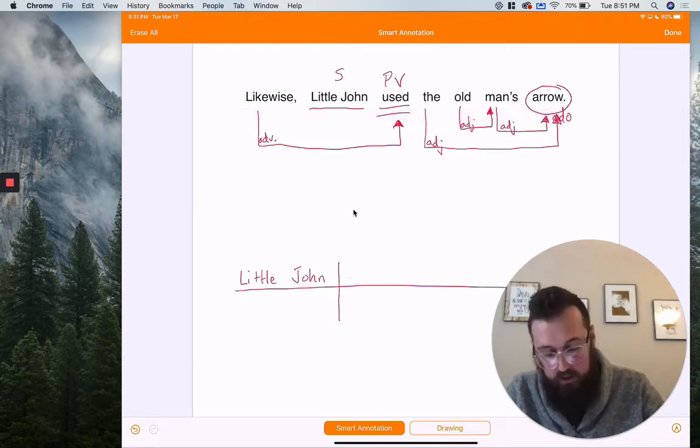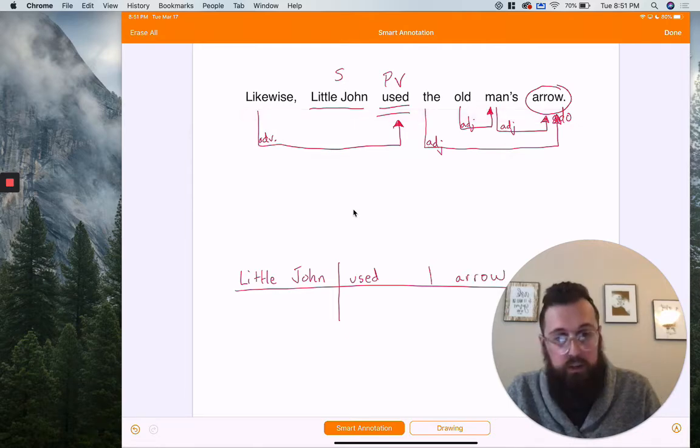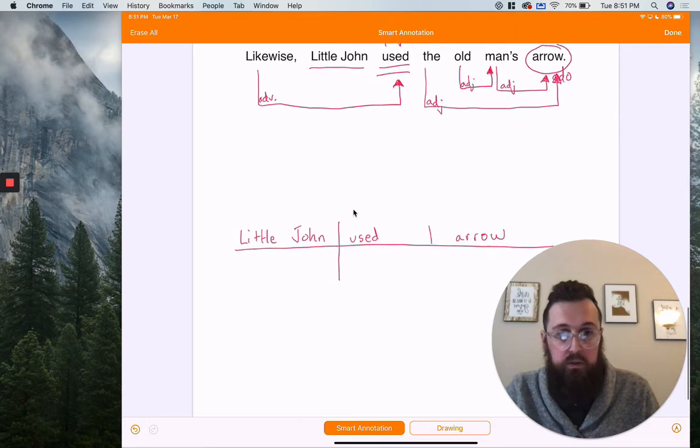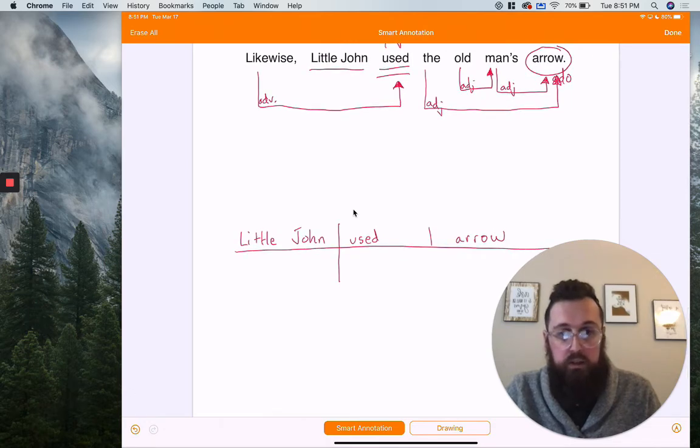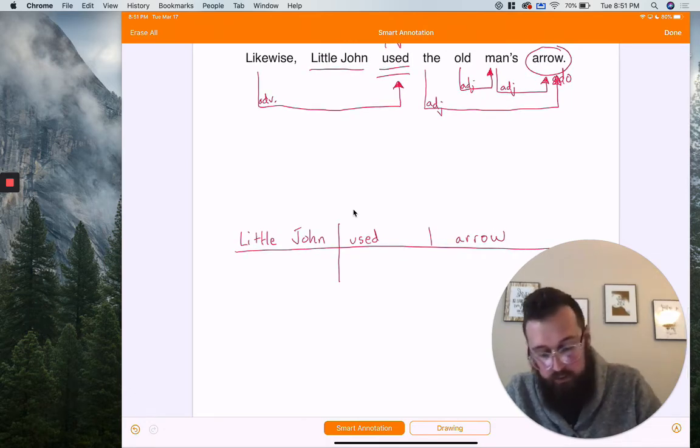He used an arrow. I have this straight up and down line between used and arrow because arrow is a direct object. So when I have a direct object, I need to have a straight up and down instead of a slanted line. So now I go in and add my modifiers.